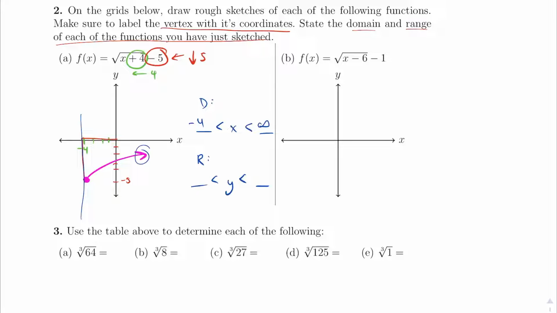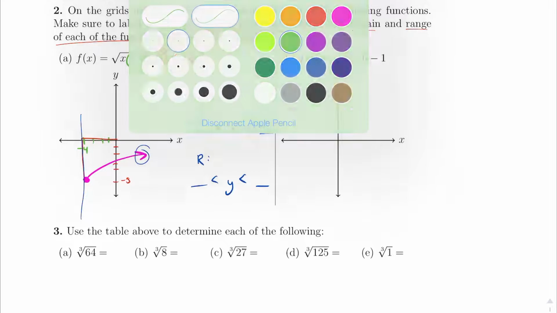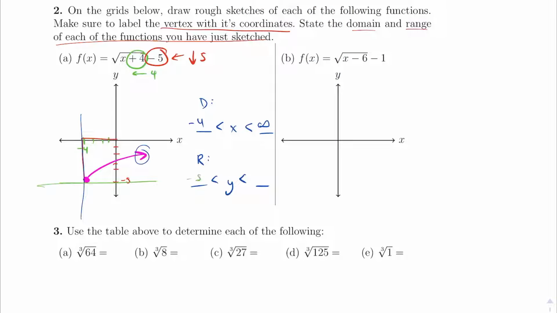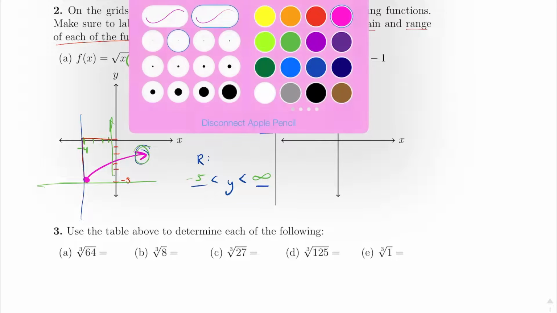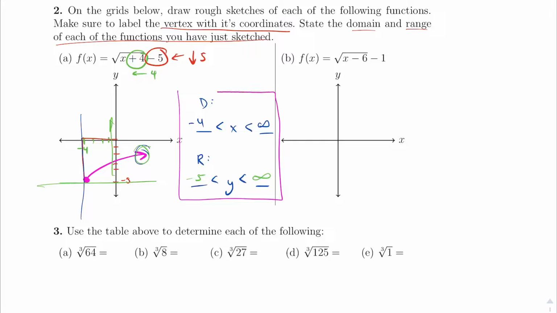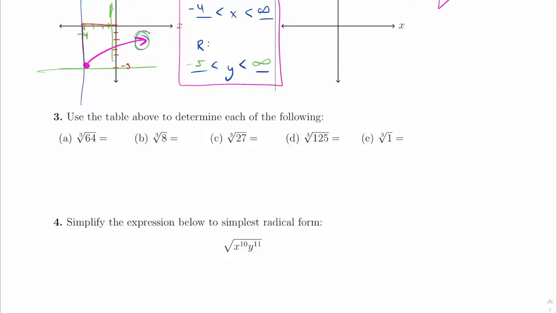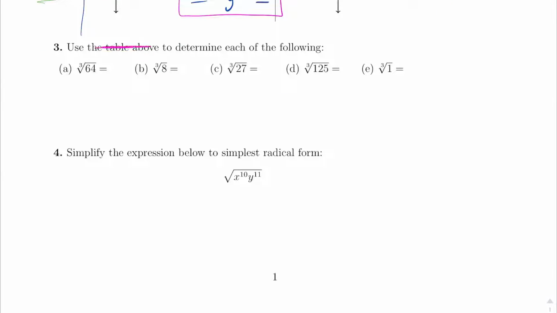And our y values go from negative 5 all the way up to infinity, because this keeps going up forever. So this is our domain and range. You're going to do part B on your own. I didn't give you the table, but you can determine each of the following.